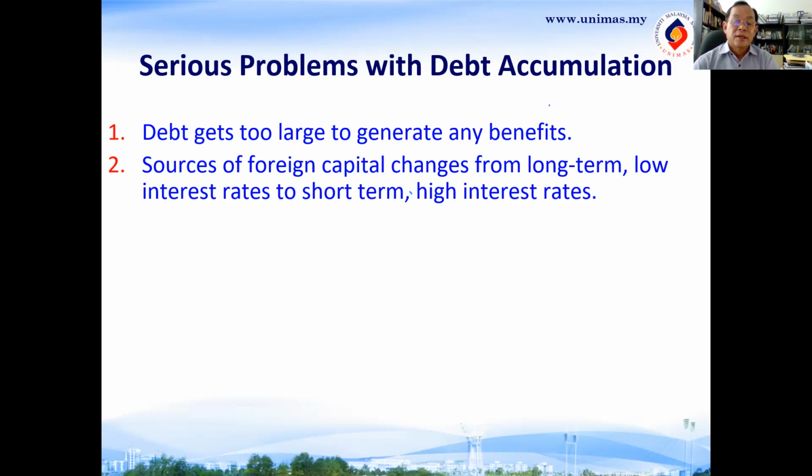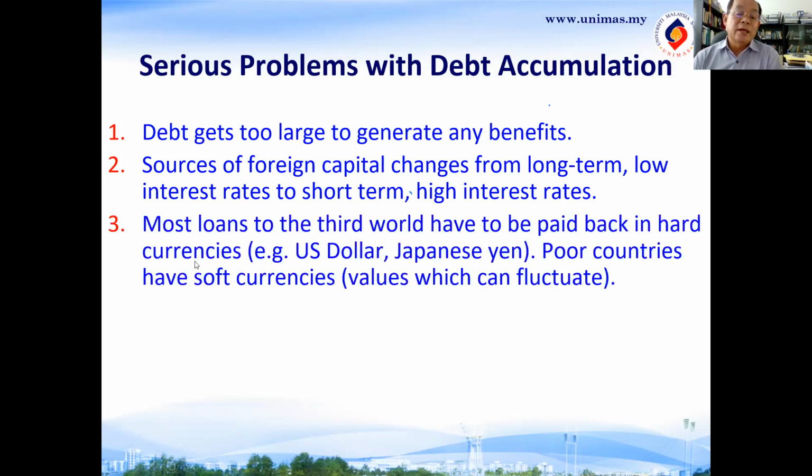Not only is it from long to short-term, but also with a much higher interest rate. So if the interest rate on the loan is high, then they are forced to pay more, the principal plus interest.